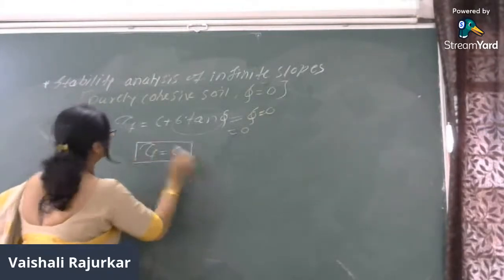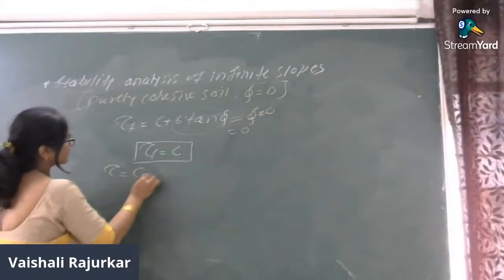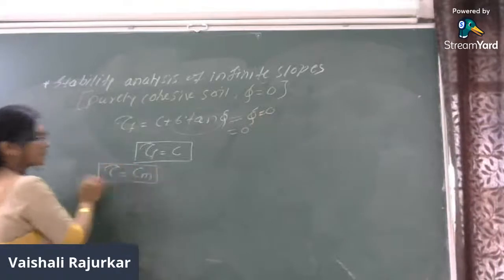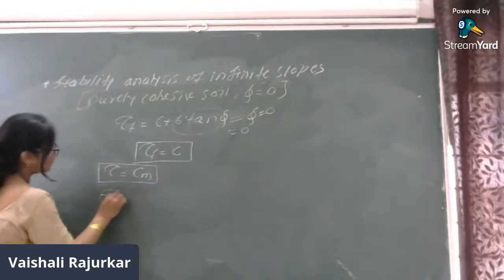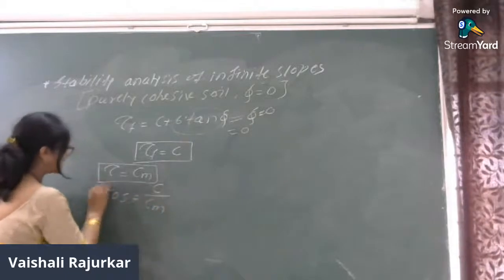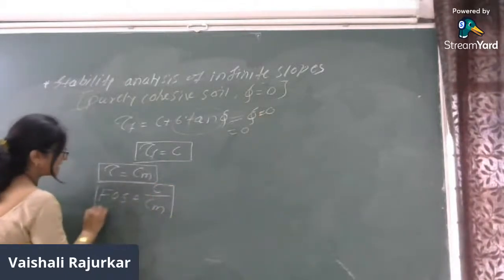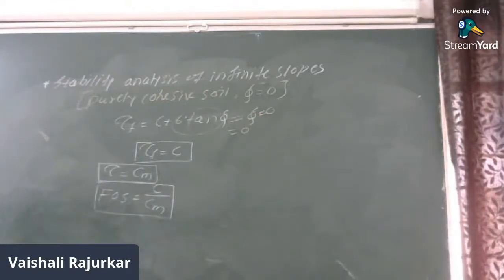Whereas tau is equal to Cm. Then what is the factor of safety? Factor of safety is C upon Cm. Now what is C and what is Cm? C is the cohesion and Cm is the mobilized cohesion in the soil. Right?